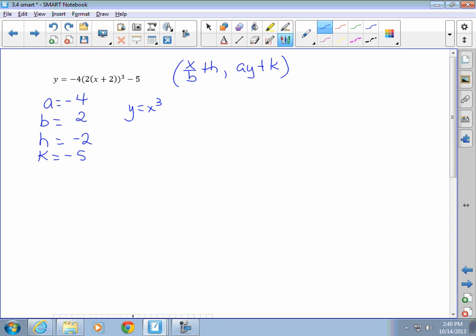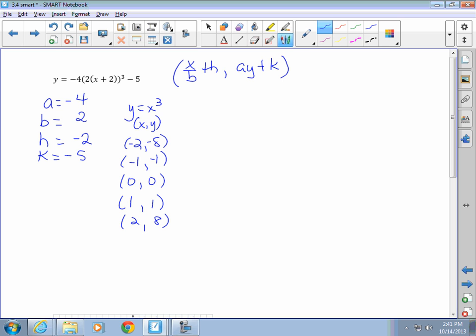Using your values, x and y were -2, -8, -1, -1, 0, 0, 1, 1, 2, 8. All I've done is substitute: -2 cubed equals -8, -1 cubed equals -1, 0 cubed is 0, 1 cubed is 1, 2 cubed is 8.